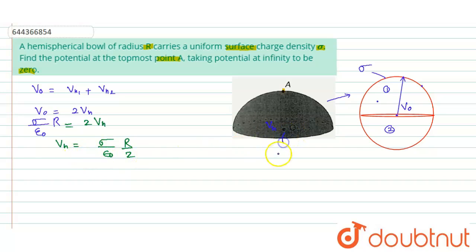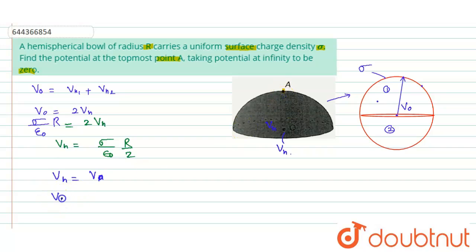So VH is equal to VA, because the potential due to a sphere or a hemisphere is the same at the center and at the surface. This is the main concept. V at H due to this hemisphere is equal to V at O, V at A, right? So this point is simply A.